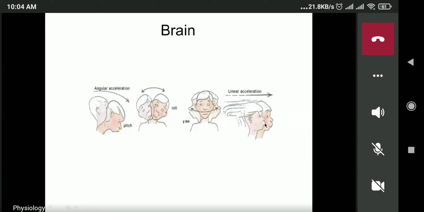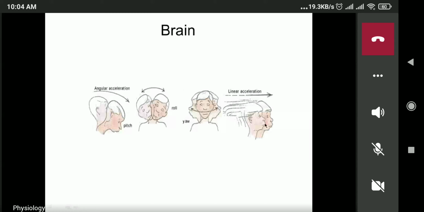going forward, at that time, which hair cells will be stimulated? The hair cells inside the utricular macula are stimulated. Am I clear?